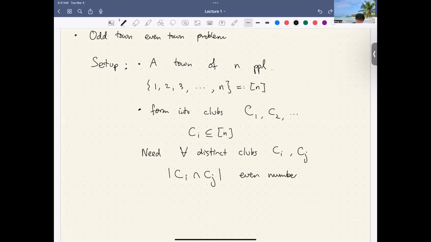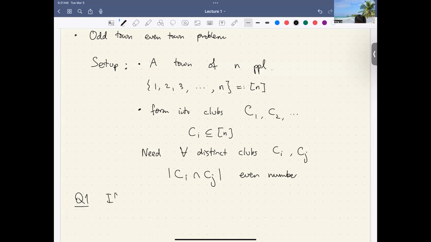Now, let's do a simpler question. First question. On top of this rule that different clubs must have even intersection size, we also require that each club must admit an even number of members.